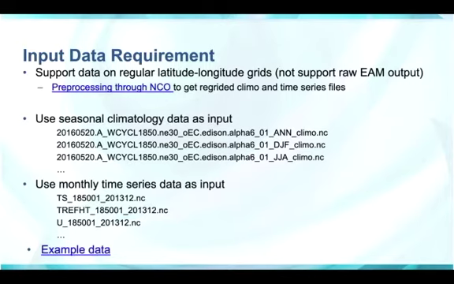The NCO instructions can be found in the link provided here. Note that each set of climo and time series files needs to be put in different directories. Here are some example file names following required naming patterns for climo and time series files, respectively.